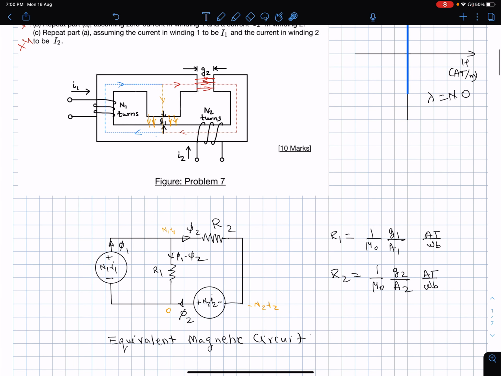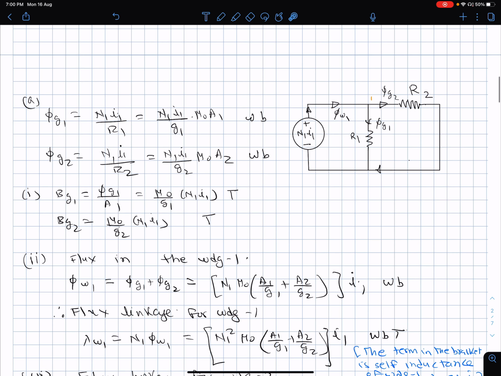What we have calculated here was the flux across this path, and what we have calculated across the other air gap is phi 2. So to calculate the flux going through winding 1, we should add phi g1 plus phi g2.